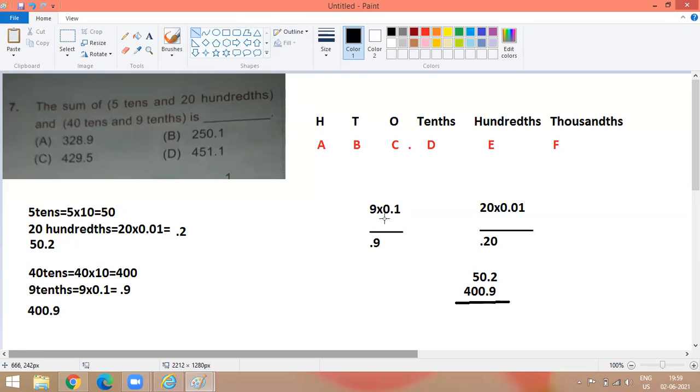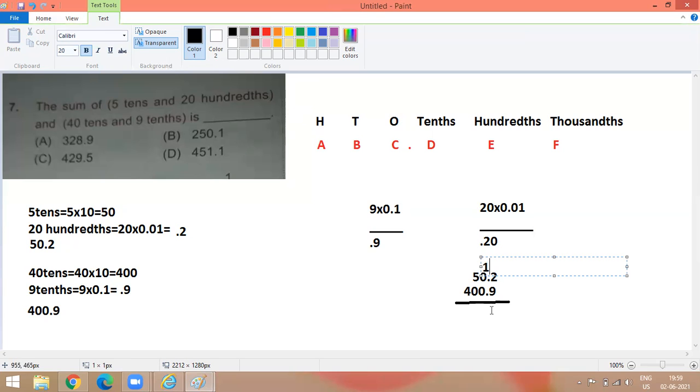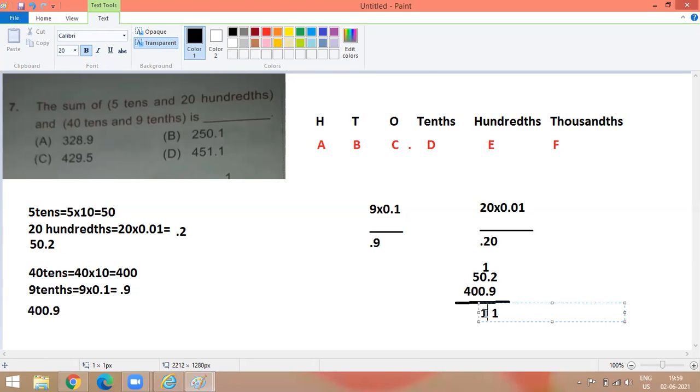So we have a carry here. We will write the carry in the next place and the result in the result place. 0 plus 0 is 0. We will add up the carry 1 with it, which is 1. Five plus 0 is 5 itself.